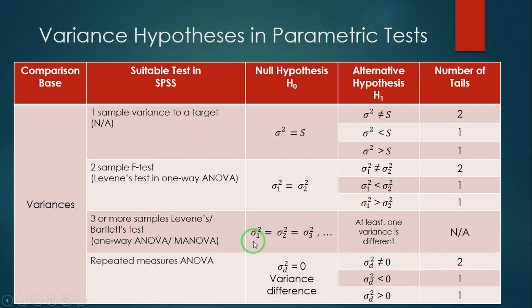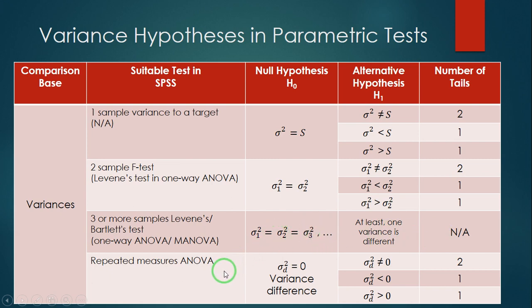This case assumes as the null hypothesis that the variances of all samples are equal, and if at least one of the variances is different from the others, then the null hypothesis will get rejected. And this one doesn't have anything to do with the number of tails.